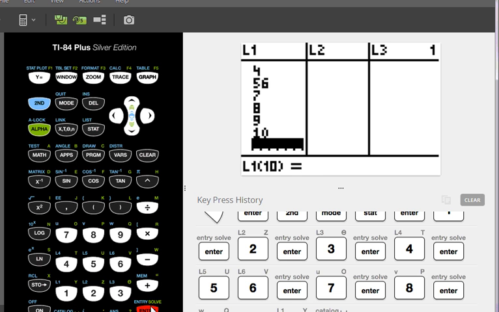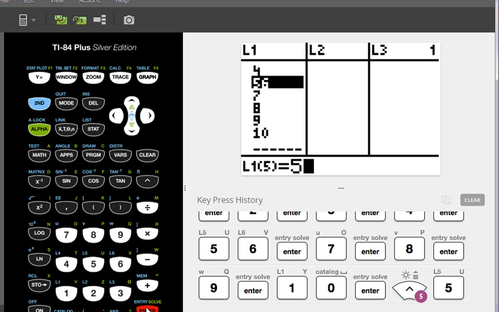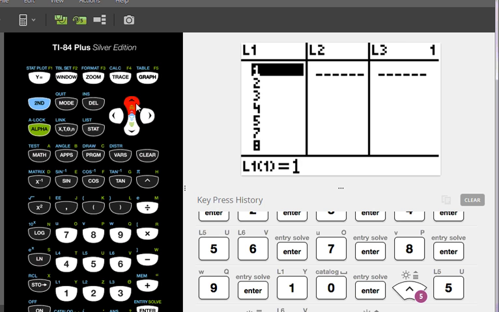I'm going to put all my values in. Now, for linear, ooh, I made a mistake. I'm going to have to put 5 enter, and I'm going to put in 6 at the bottom, okay? So if you make a mistake like that, you just take that point and put it at the bottom. So now I just got to make sure that I match up all the right L2s, all the y values, with the correct x value.